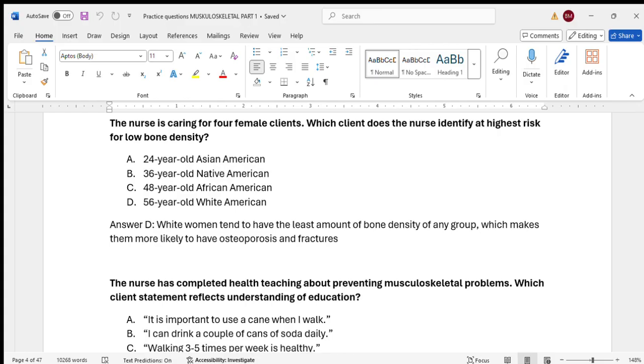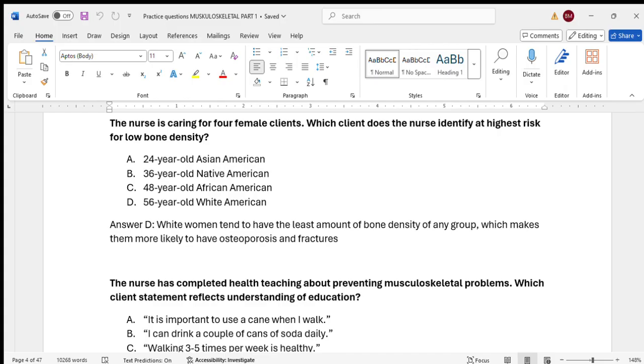We have a 20-year-old Asian American, a 36-year-old Native American, a 48-year-old African American, and a 56-year-old white American. So the answer is D. The 56-year-old white American tends to have the least amount of bone density of any group, which makes them more likely to have osteoporosis and fractures, okay?